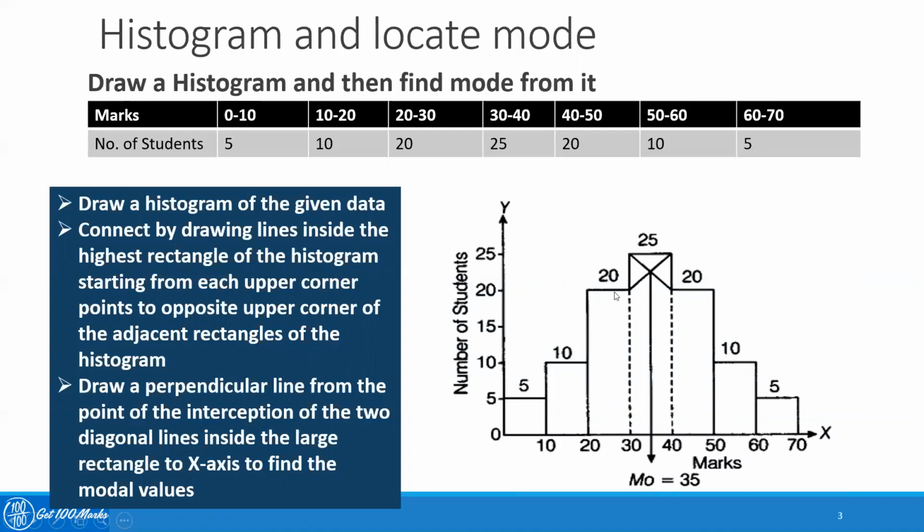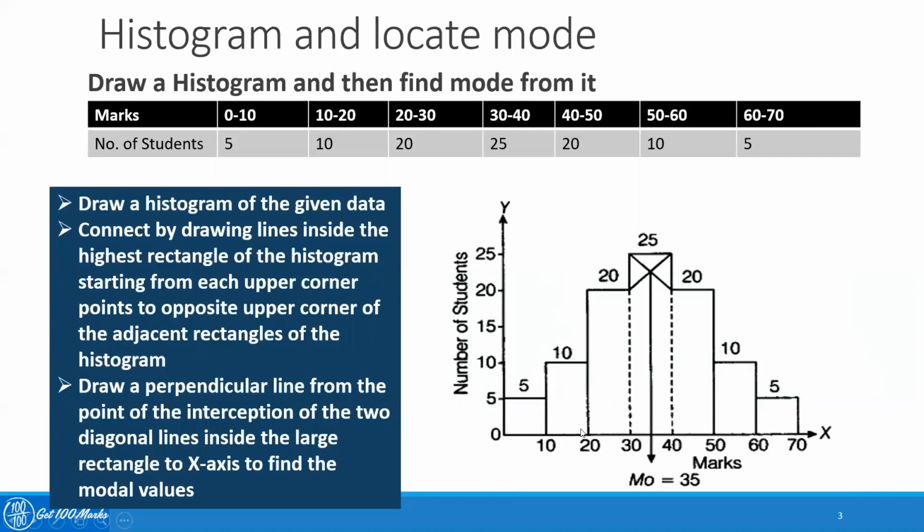Just one thing to remember when you are drawing the histogram manually: for both points, like 0 and 10, mark 5 on the y-axis and then join.